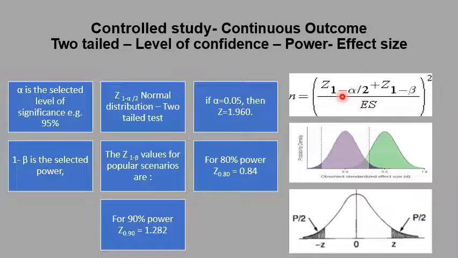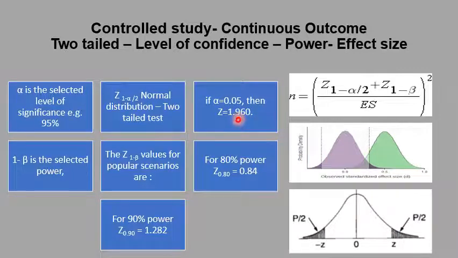The first entity, by far the commonest level of significance chosen for medical research, is p equal or less than 0.05, and this translates to a z-score for a two-sided study of 1.96.